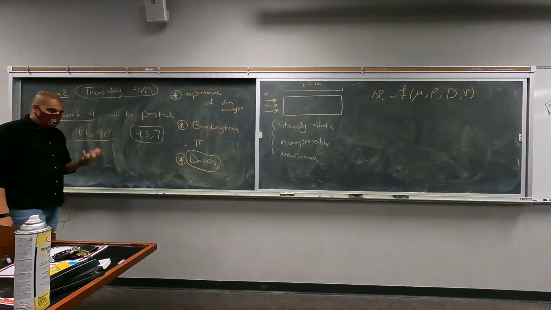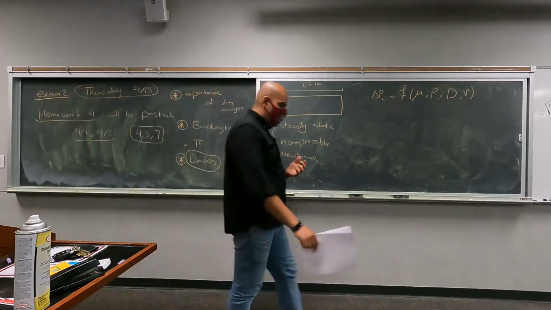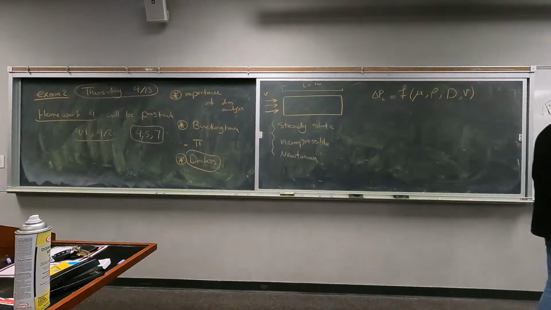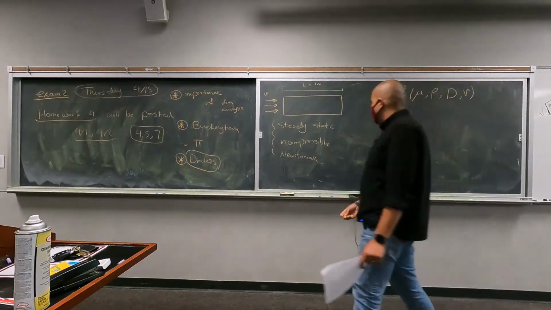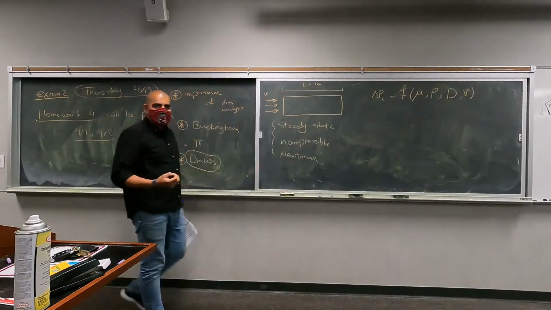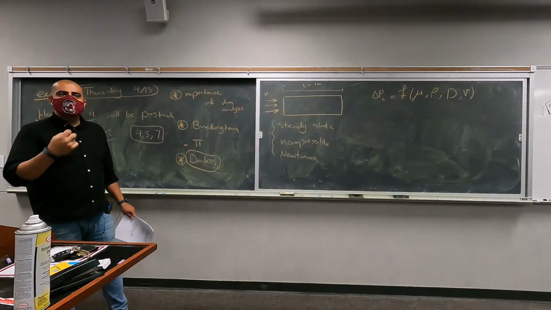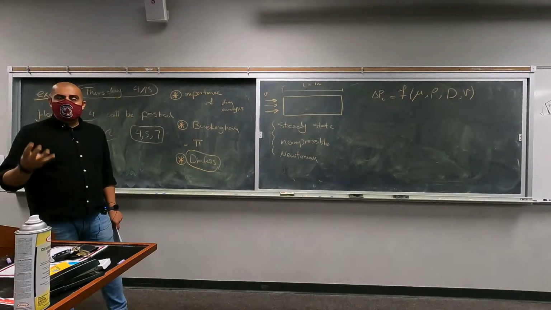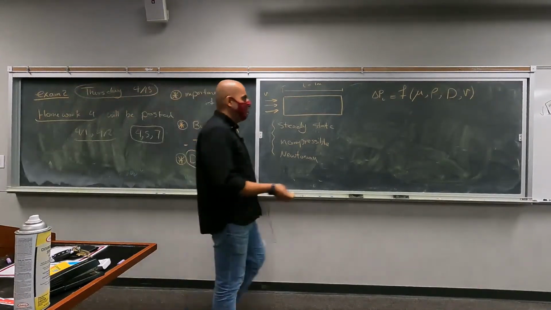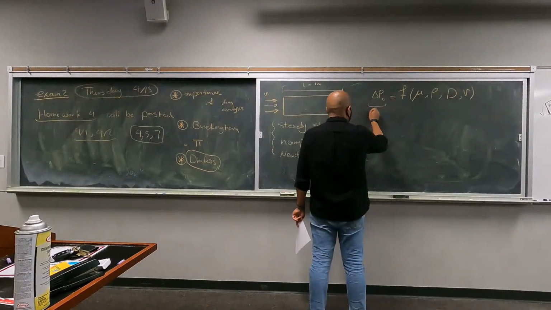Again, our goal here is to, let's say we want to do an experimental analysis, and we want to investigate the dependence of pressure drop on all of these parameters. Okay? How many cases do we have to run to have a very good understanding of the dependence of pressure drop on all of these parameters? We have 5 variables, dependent and independent. Your pressure drop is a dependent variable, right?